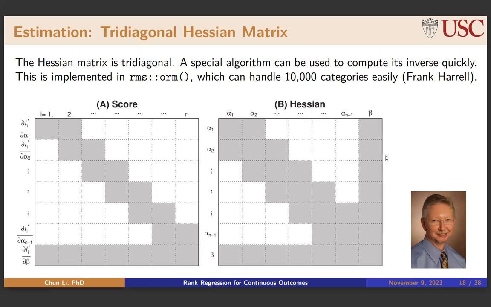This has been implemented in a package, rms, in a function called orm, which stands for ordinal regression model. It can deal with 10,000 categories easily. And this package is maintained by Frank Harrell, who was my chair at Vanderbilt Biostat. He's still there. He maintains quite a few packages in R.